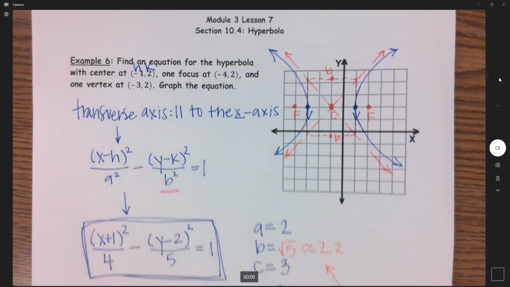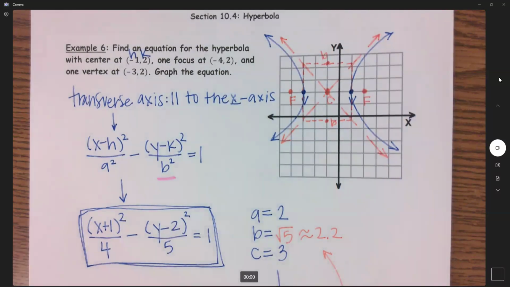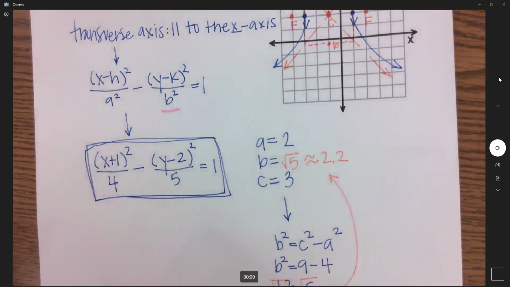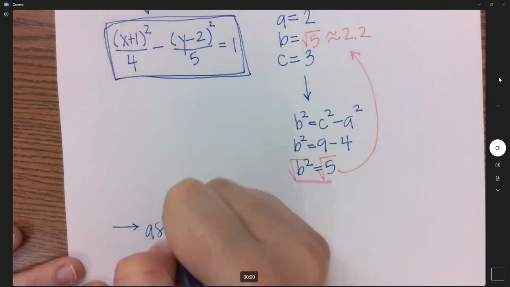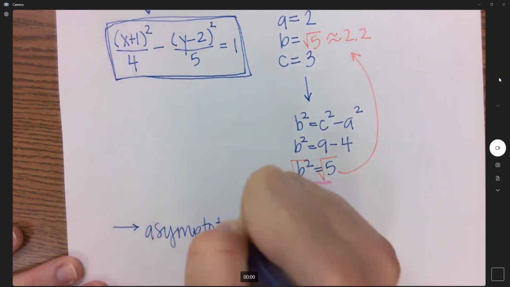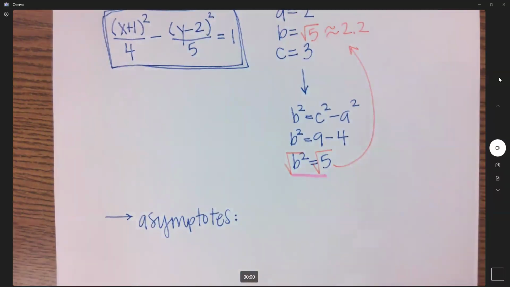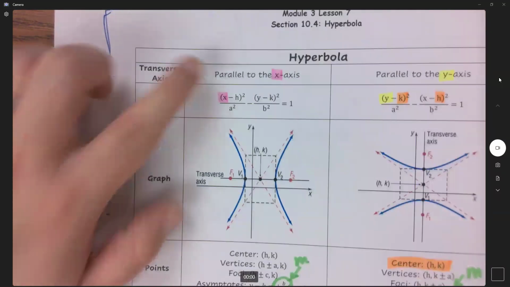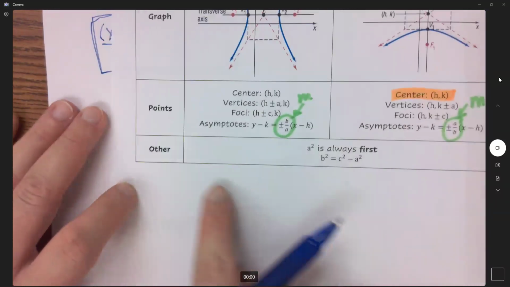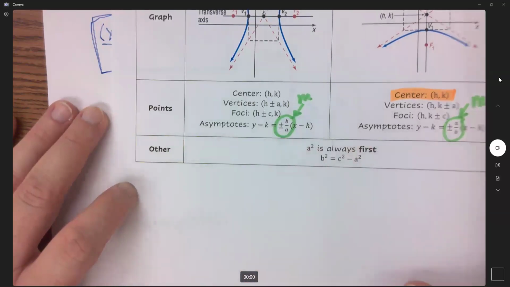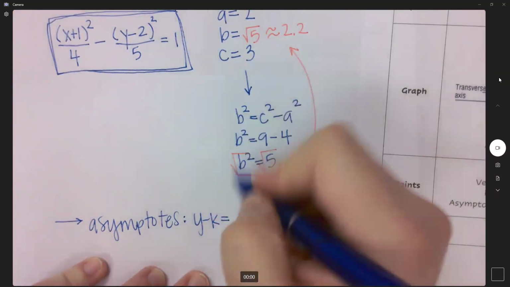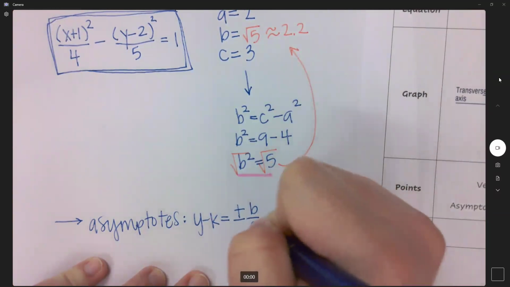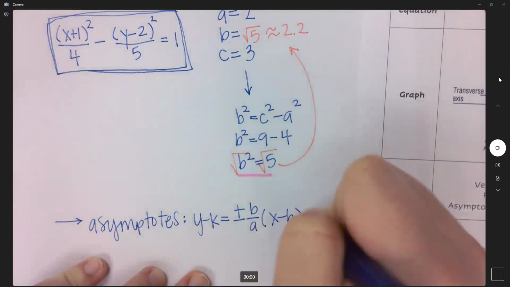Now, before I stop this video, it doesn't ask for the asymptote, but let's just get some practice here. So a little bonus down here. My asymptotes. Because we're parallel to the x, I want things on this column here. So I'm using this version of my asymptote. So I have y minus k equals plus or minus b over a, times x minus h.